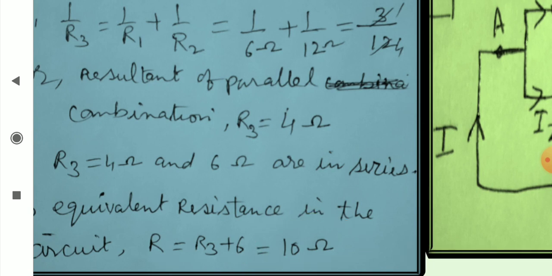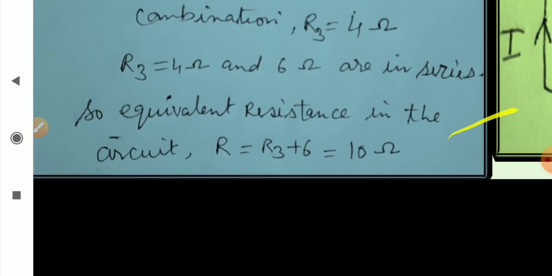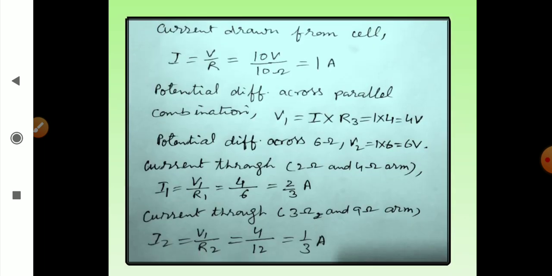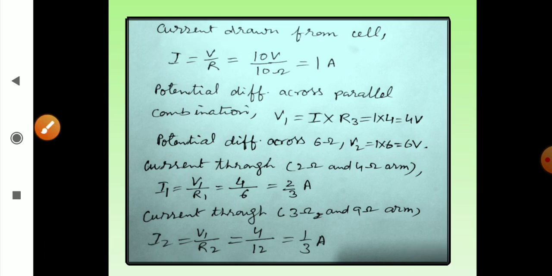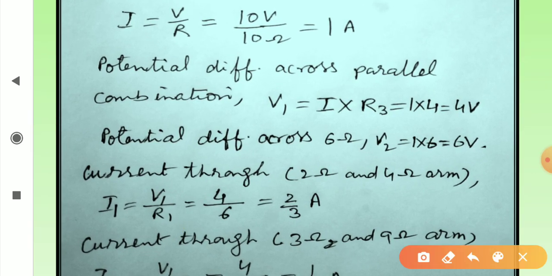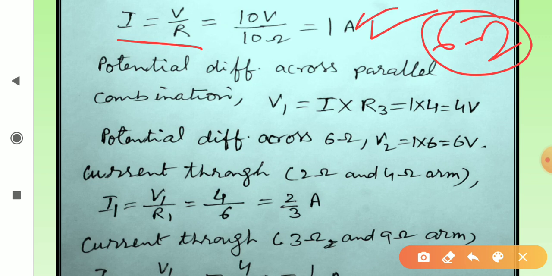Now the current drawn from the cell, I is equal to V upon R, that is 10 volt upon 10 ohm, and that is 1 ampere. That means 1 ampere current is drawn from the cell, and this 1 ampere will pass through 6 ohm because it is in series. So this same current is passing through the 6 ohm.